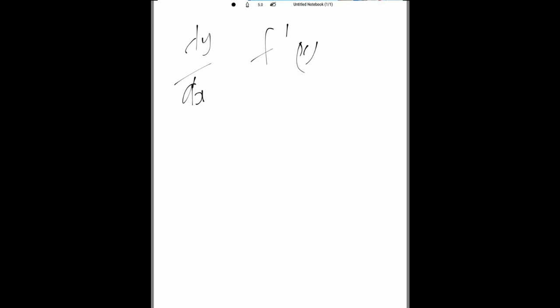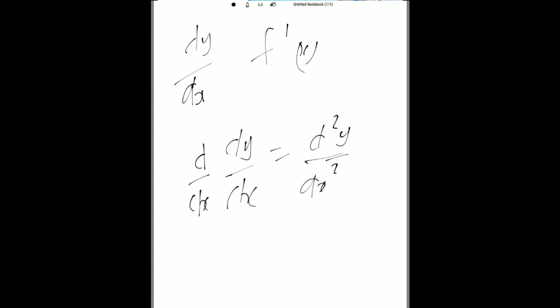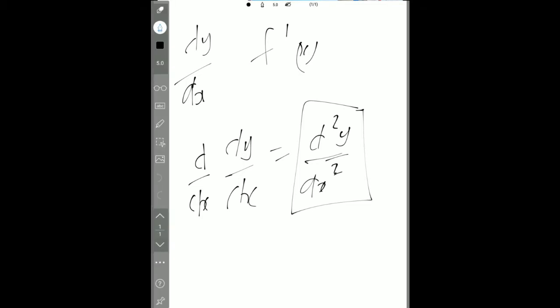In other words, you find dy by dx, and then you differentiate dy by dx with respect to x, leaving you with d squared y by dx squared. That is the notation for the second derivative. So let's look at an example of how we'd find this.